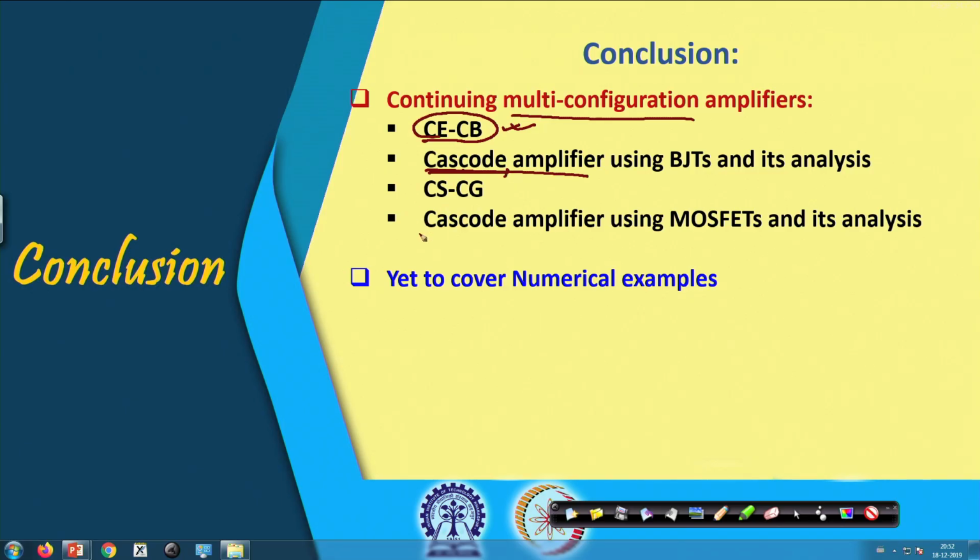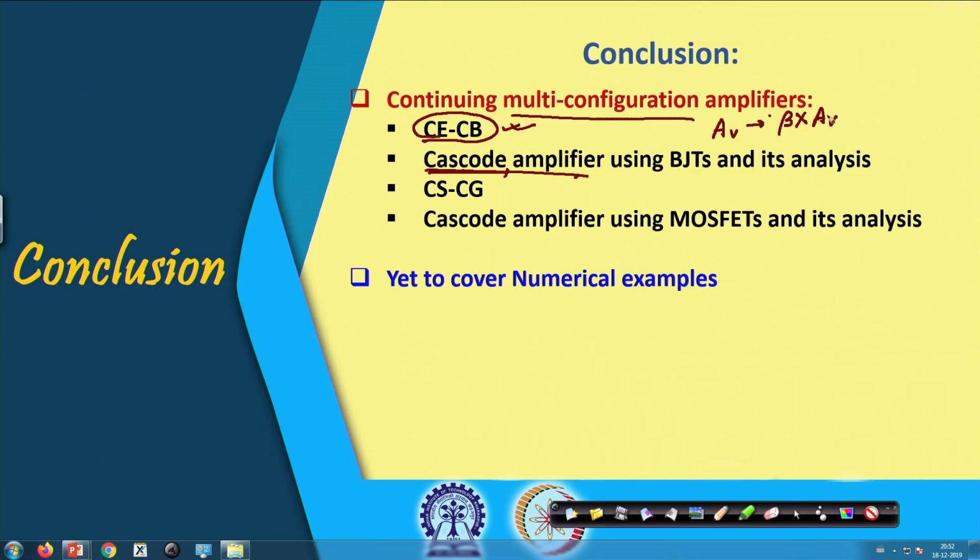Then we have seen the advantage of this cascode amplifier compared to the standard CE amplifier, namely the voltage gain got increased by a factor of almost beta, the beta of the cascode transistor.